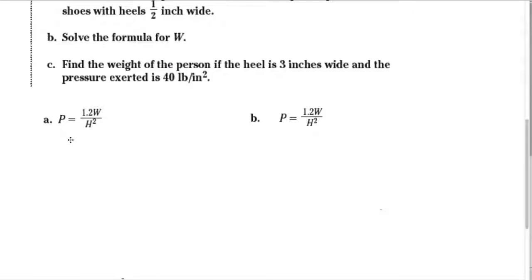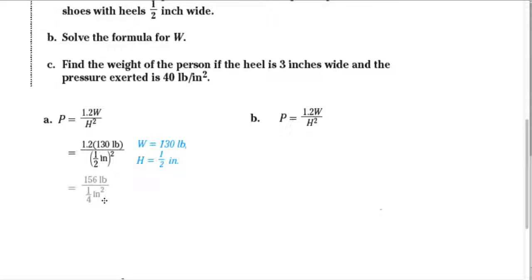Let's take a look at letter A. Following the formula, we simply substitute the values. 1.2 times 130, which is the weight of the woman, I'm assuming it's a woman, multiplied by 1/2 squared, because you are squaring the width of the heel in that case.